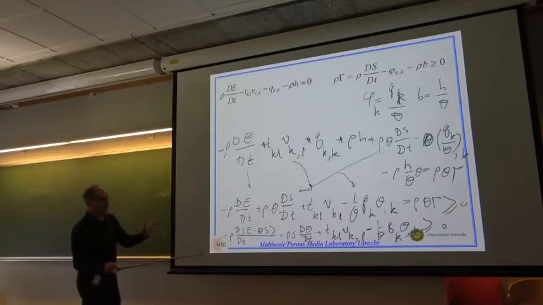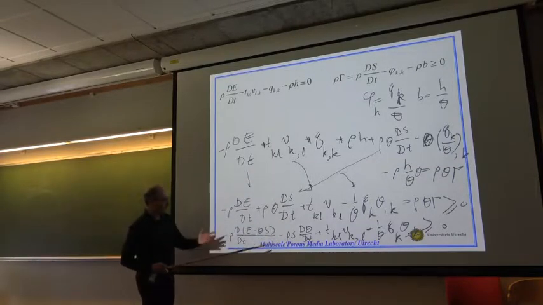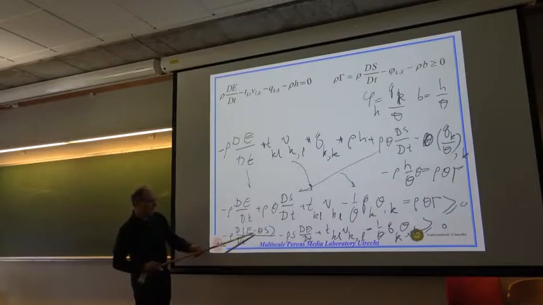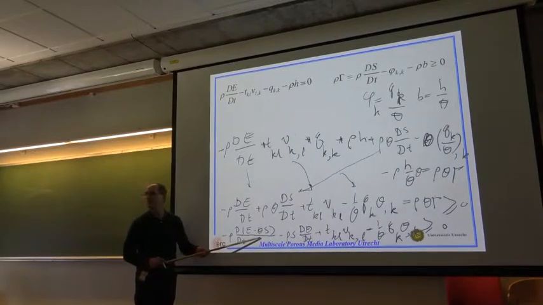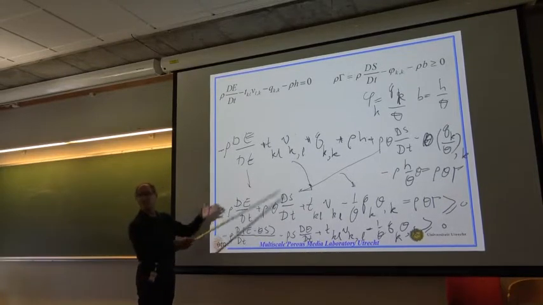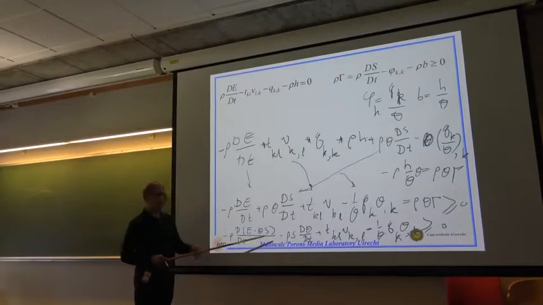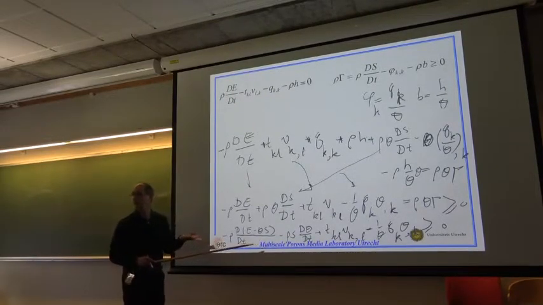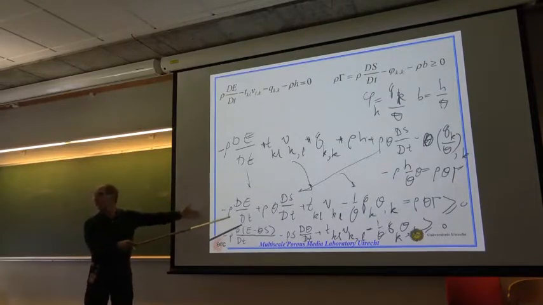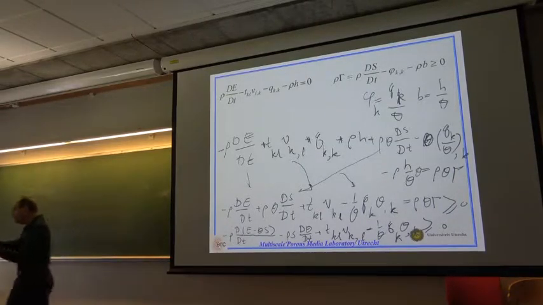So I hope you agree that this is interesting: you have this combination appearing as a result of this operation. And in fact, many of you may recognize this. This is the Helmholtz free energy. It just came out as a result of this derivation. I didn't throw it in.